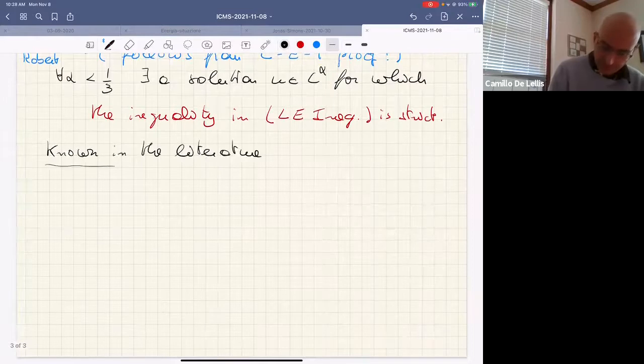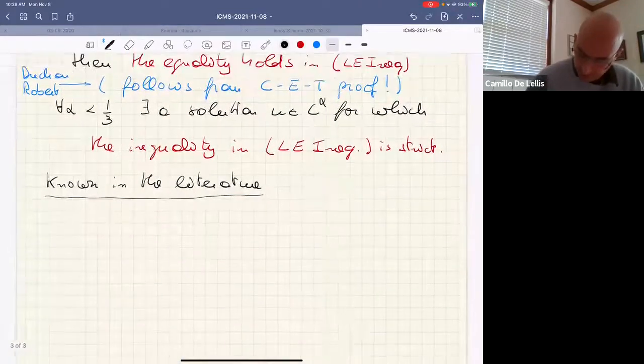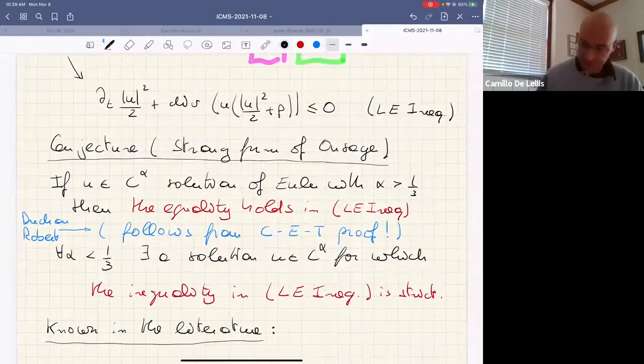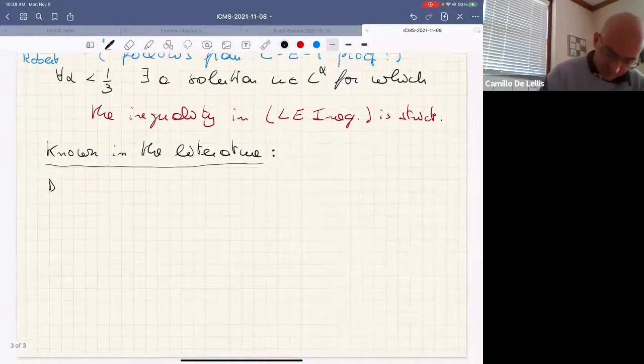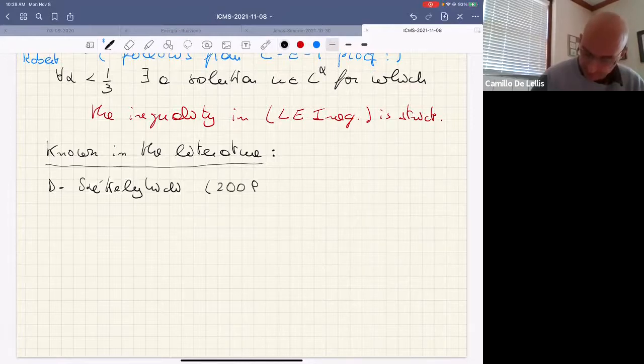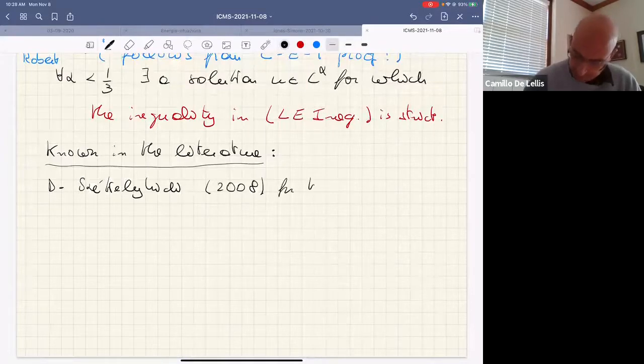First of all, a first construction of a solution which dissipates locally the kinetic energy, just a distributional solution for which the inequality is strict, is in a paper by Laszlo and myself, I think back in 2008. And this is just for bounded solutions.